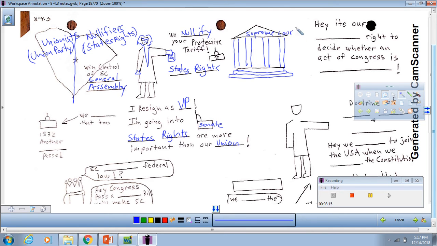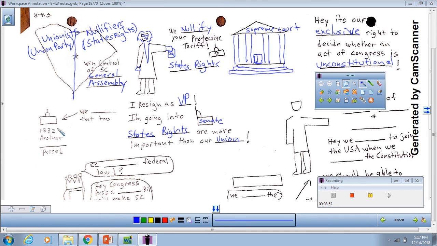And the Supreme Court felt that by South Carolina wanting to nullify the law, they were overstepping their bounds, which they were. They said, "Hey, it's our exclusive right from the Constitution to decide whether an act of Congress is unconstitutional. States do not have such a right." However, South Carolina maintained their position.